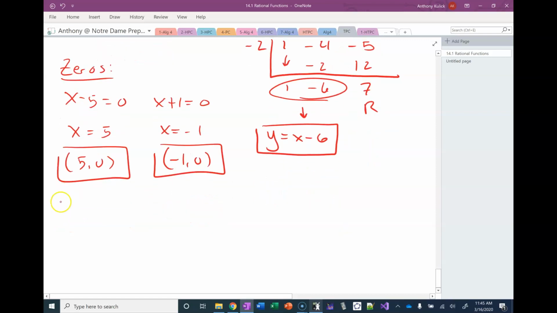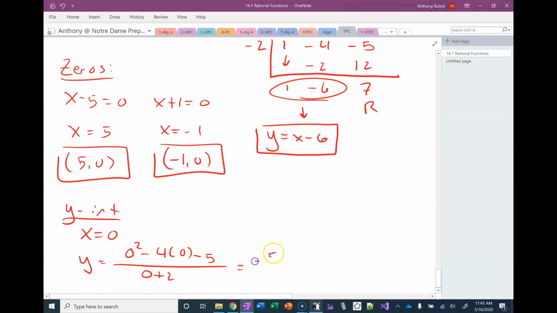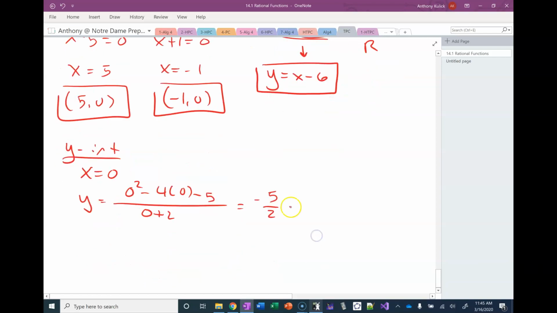And then the last thing I need is the y-intercept. So when x is equal to 0, I have y equals 0 squared minus 4 times 0 minus 5 over 0 plus 2, or negative 5 over 2, which is the point (0, -2.5). Okay.